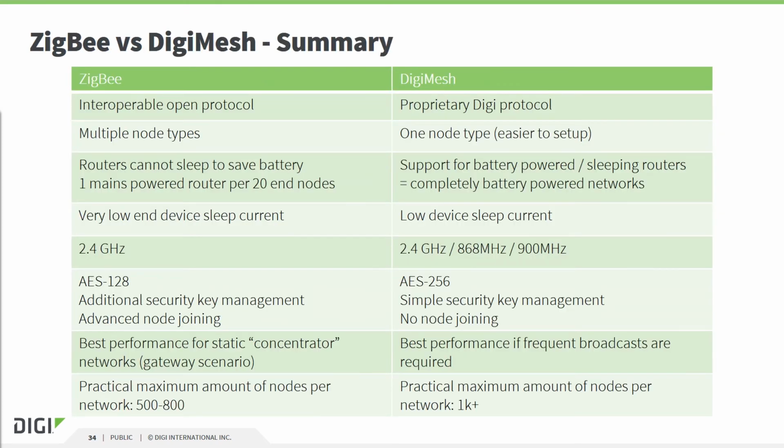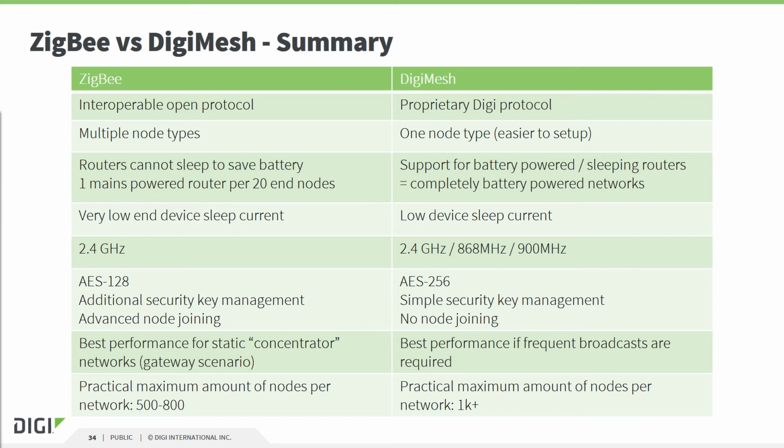So here is a summary with the main features of both mesh technologies. ZigBee is an interoperable open standard. It defines multiple node types, including mains-powered routers and end devices. It also works well in concentrator networks where all the devices talk to a gateway and vice versa. The typical maximum amount of nodes per network is between 500 and 800.